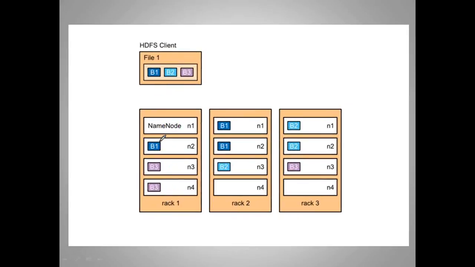Now let's come to the second approach, making three copies in three different racks. Like this. Let's say this is serving data to the client, this is serving data to the client, and this is serving data to the client.